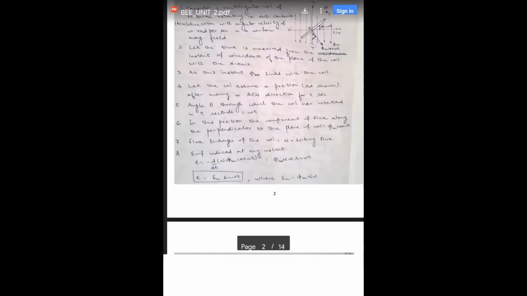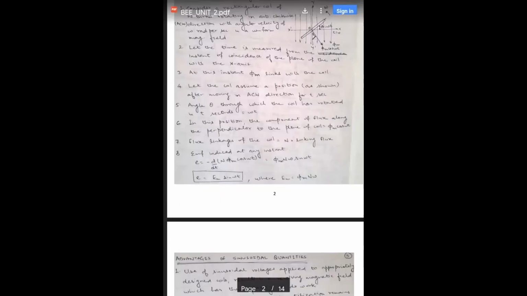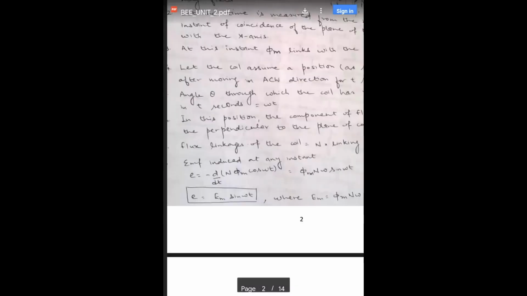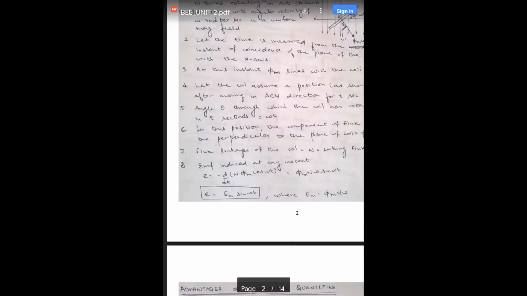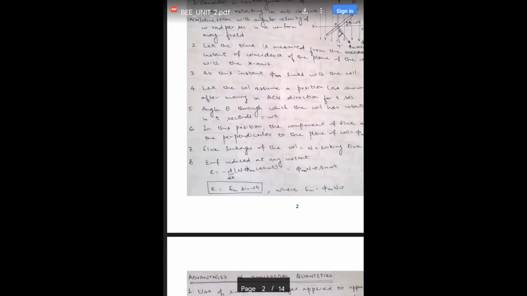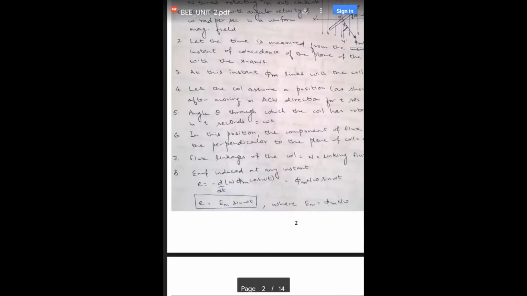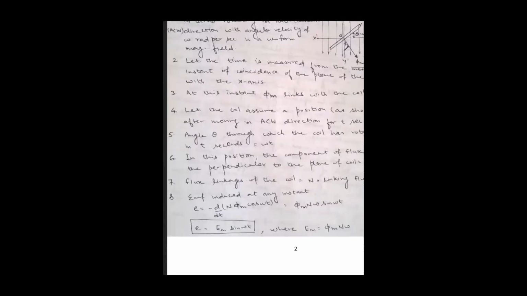The next concept is flux linkage. What is this flux linkage? If we multiply the linking flux by the number of turns, we get the flux linkage. Now what is the EMF? In more refined language, we can say it is the rate of change of the flux linkage, denoted by lambda.